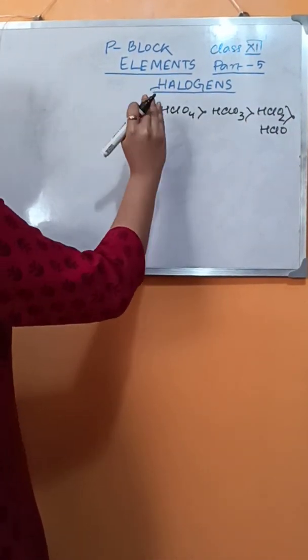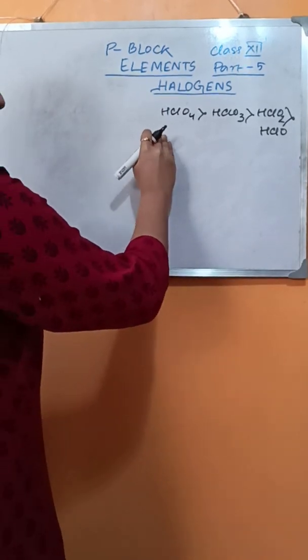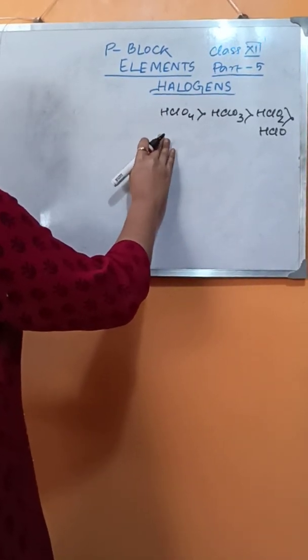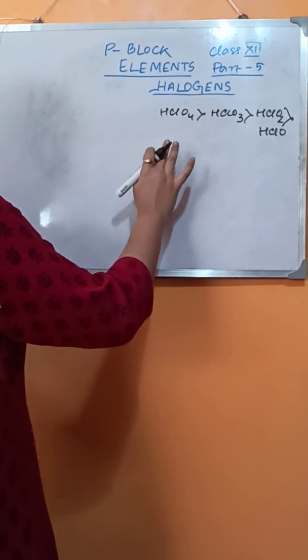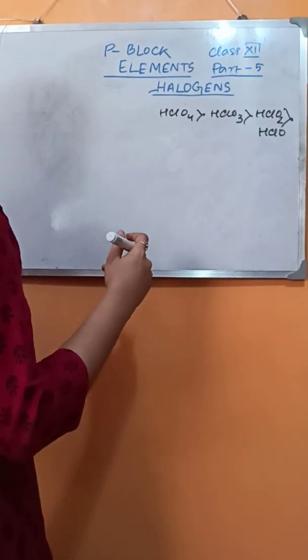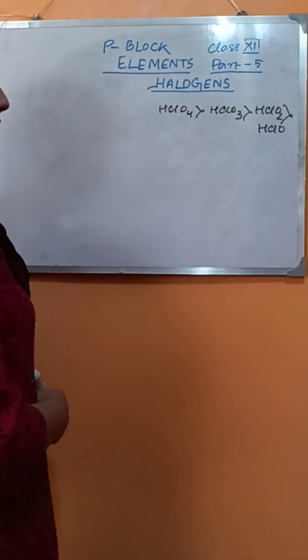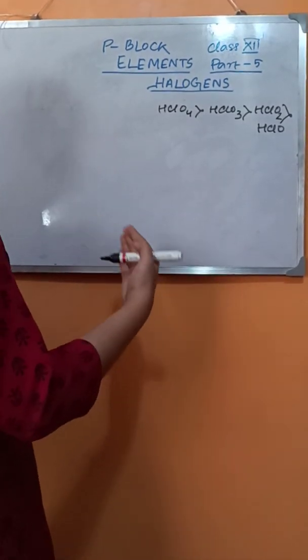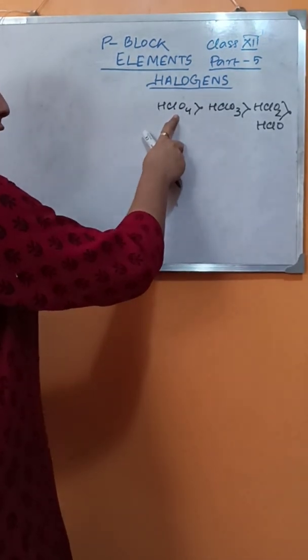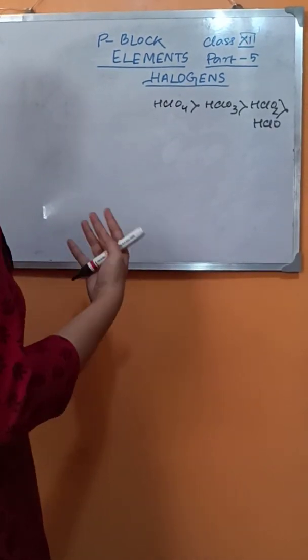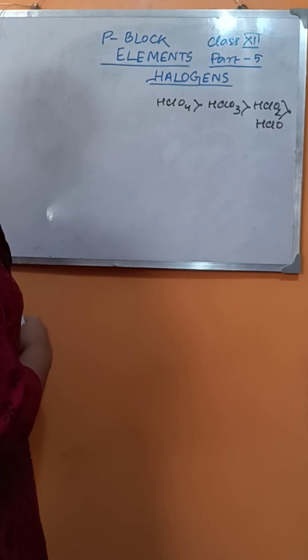This is the acid order. Remember this, that this is the acid order. Now what happens here? Here I will come to Lowry-Bronsted theory. What happens in Lowry-Bronsted theory? The more the stability of the conjugate base of the acid, the more will be the acidic character of the acid.